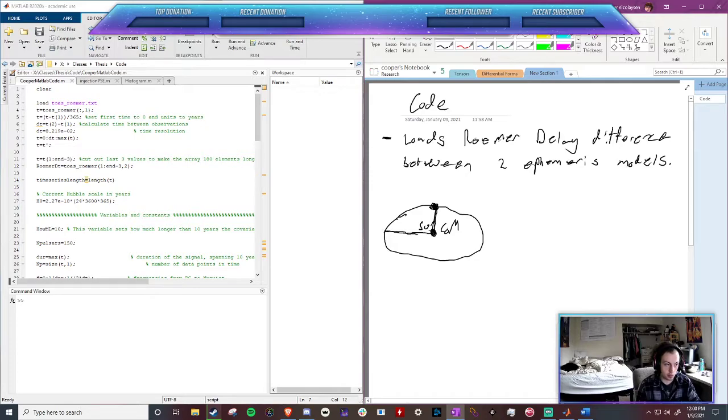On an ellipse, we don't have a perfect circle, so as time progresses, the difference between where we are and the center of mass changes. So the Roemer delay is this difference in light travel time between these two lengths.